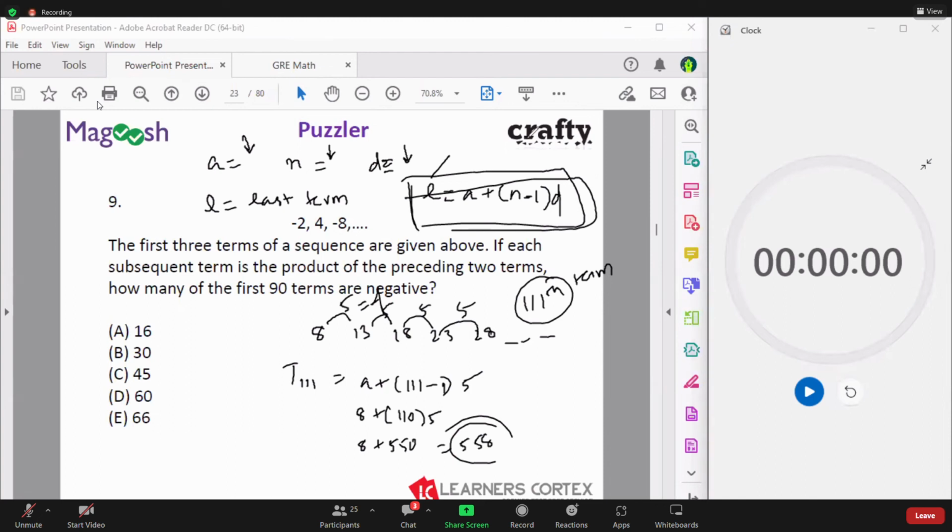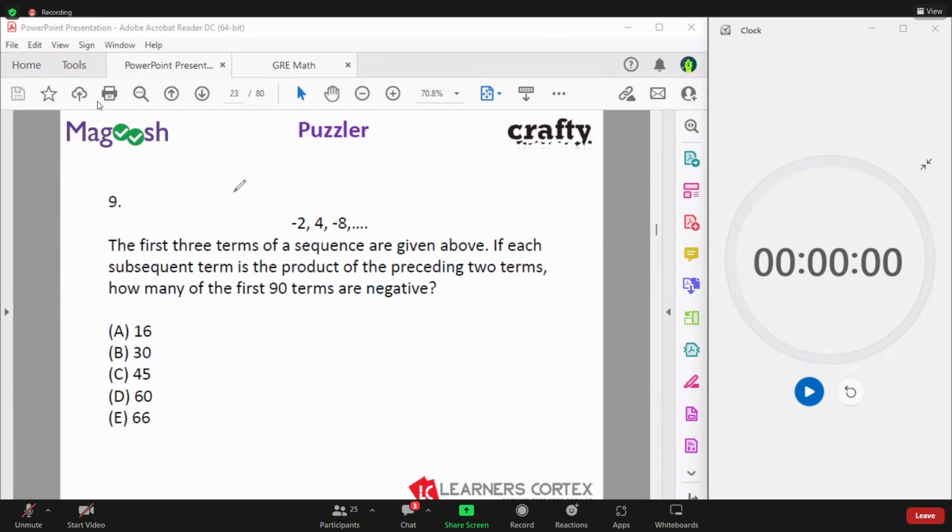Okay. Now, sometimes on the test paper, you are also asked the sum of the terms of a sequence. Let's talk about the same sequence that we were talking about earlier: 8, 13, 18, 23, 28.